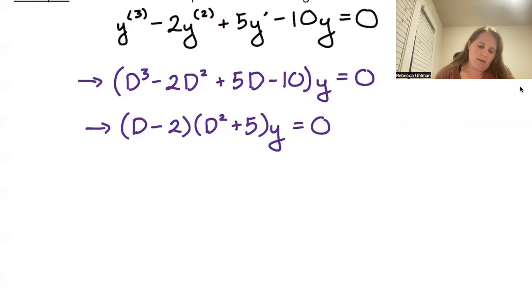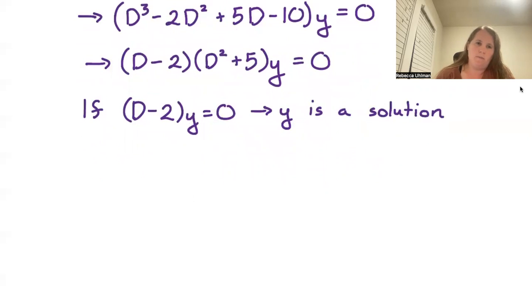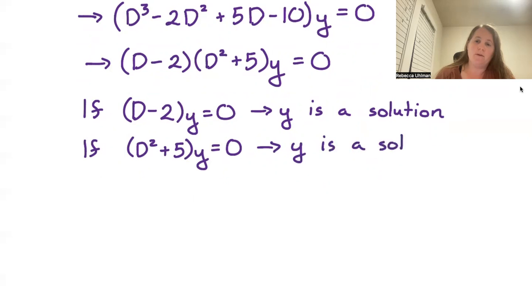So what we get is that if D minus 2 y equals 0, then y is a solution. And similarly, if D squared plus 5 y equals 0, then y is a solution to our original equation.